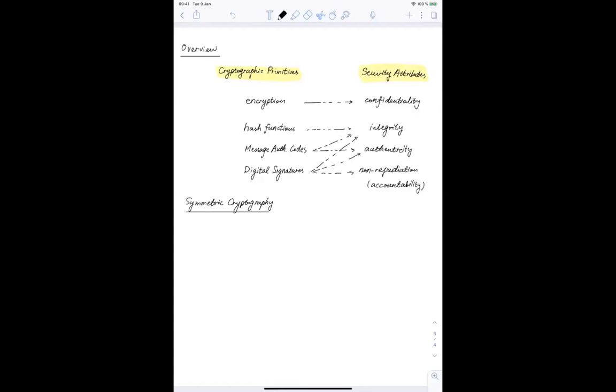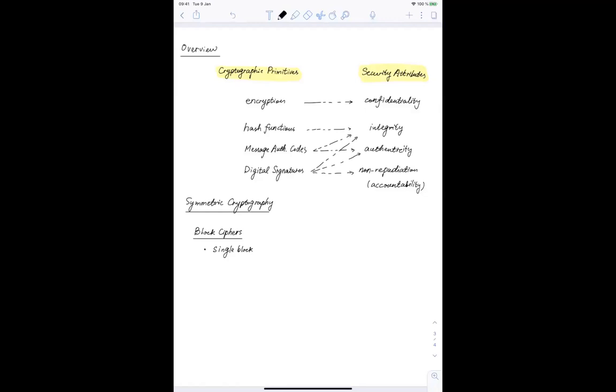So first, let's look at block ciphers, which are widely used in many applications, especially on the internet. And we have introduced the basic mode of block ciphers. In fact, that's the encryption of a single block.